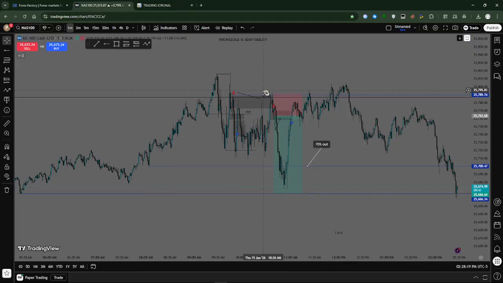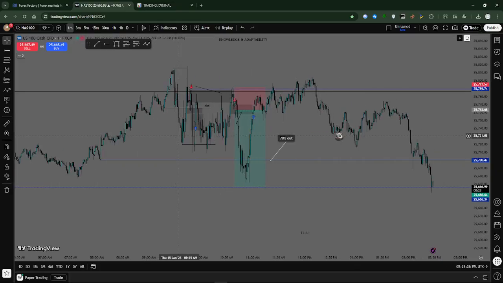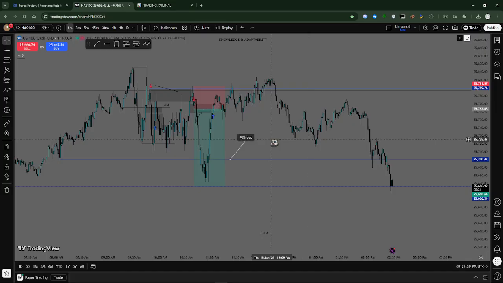If you generate your thought process like this and you see your model and you enter here, you are going to get stopped out, because you have to understand where liquidity is in the market. Until and unless you understand where liquidity is in the market, it's no good. Then you do not try to take trades like this.